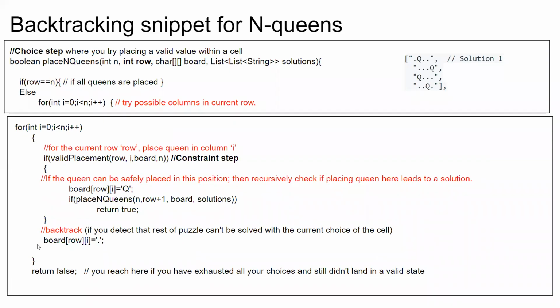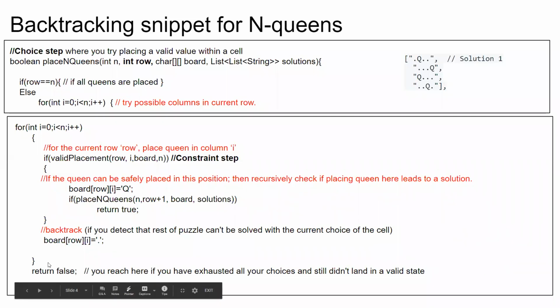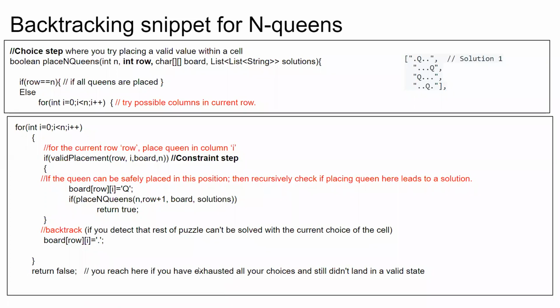This is essentially the core of backtracking, the step which is actually taking you back. And the last thing is, when I'm done with trying all choices and I realize that it's not leading to any valid state, that means I can't solve with the given configuration.